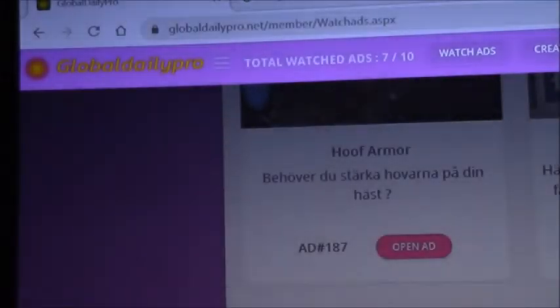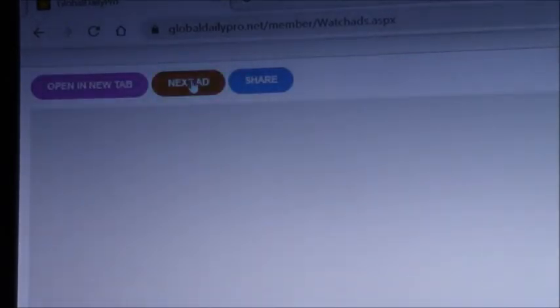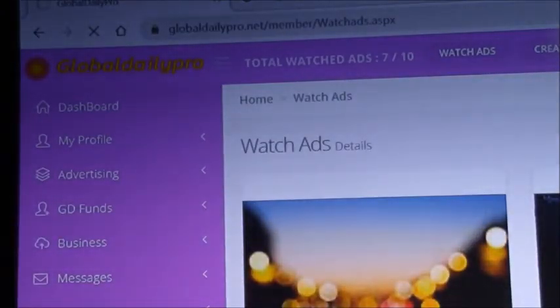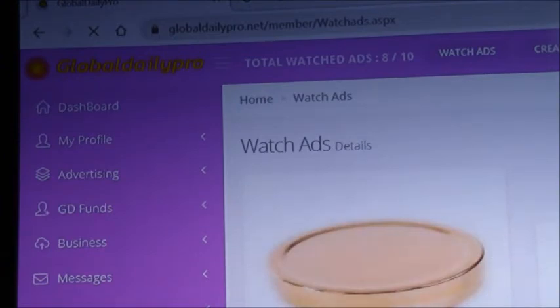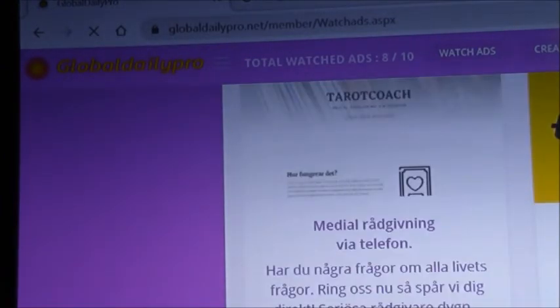You can see your money flowing every day. So what if you save that money for the whole year? That's quite a bit. See, that's 8 already. So 2 more ads and you can see your money flowing.